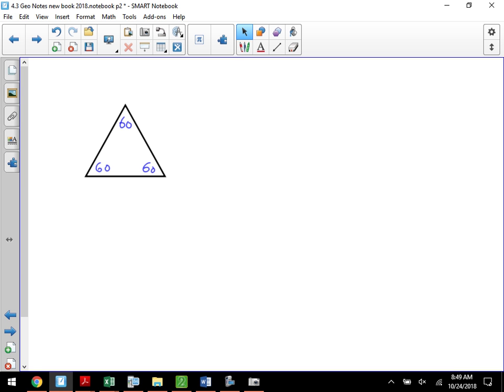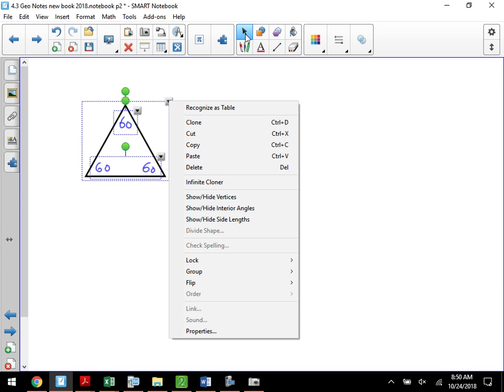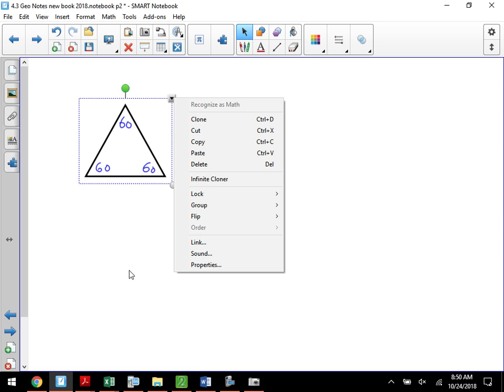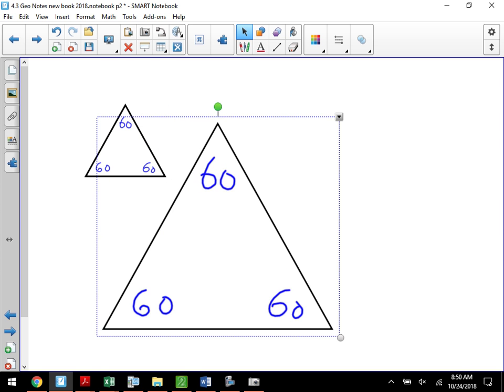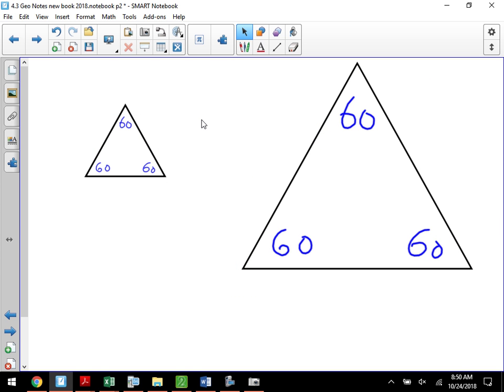Equilateral. Okay, equilateral triangle. Now here's the thing. If I take this, those angles are still the same, aren't they? Are those triangles congruent? How in the world are those two the same?